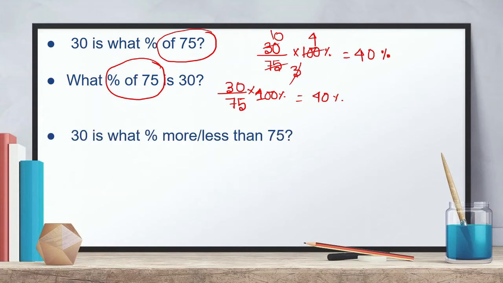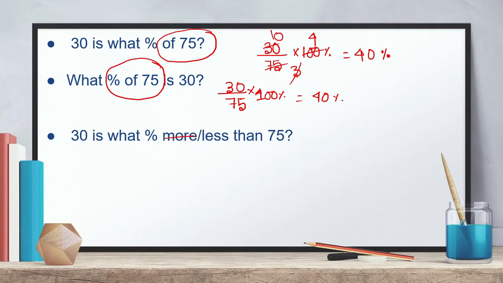Now next question. 30 is what percentage more or less than 75? Here we can see that 30 is less than 75. So I will cross out the "more".